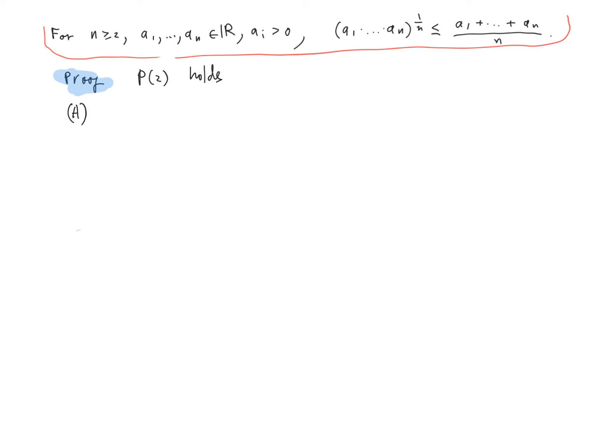For the A part, we need to show that for all natural numbers n greater or equal than 3, if P of n holds, then P of n minus 1 also holds. So let's assume that we're given natural numbers a1 up to a_{n-1}, all positive.